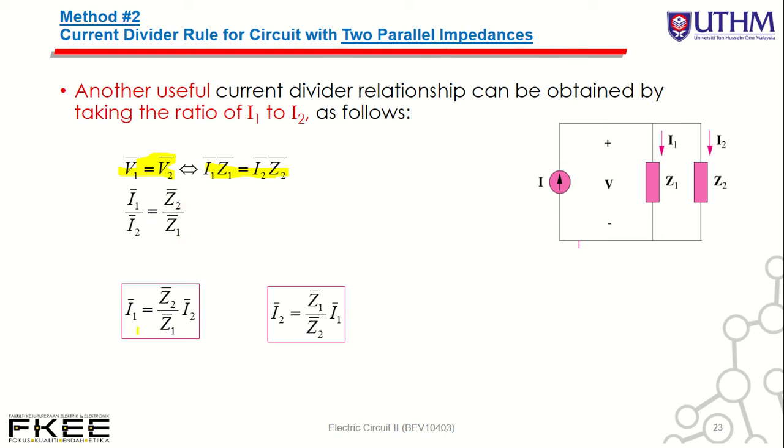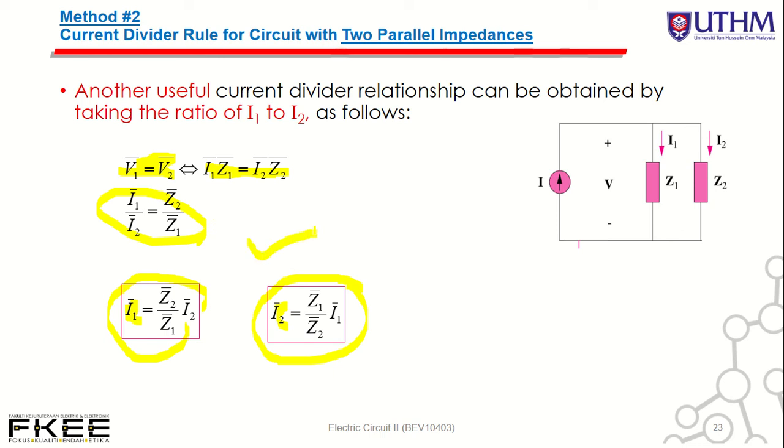Okay, so if you want to determine I1 given I2, or I2 given I1, you can use this relationship between the currents based on impedance.